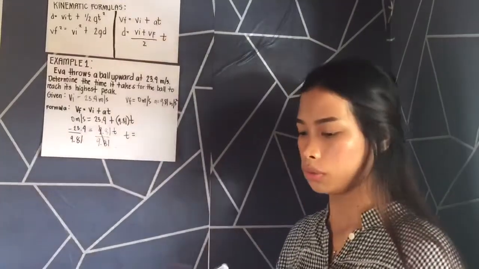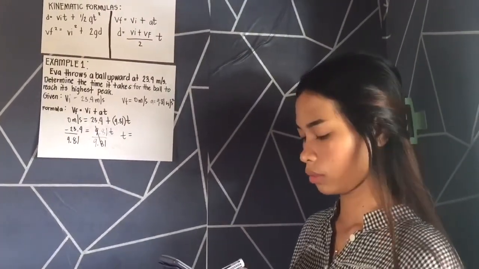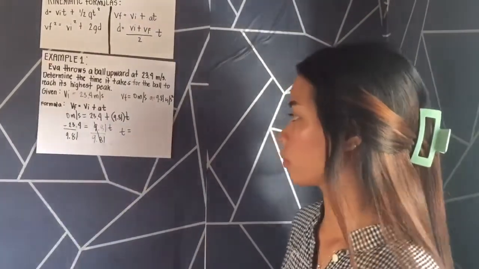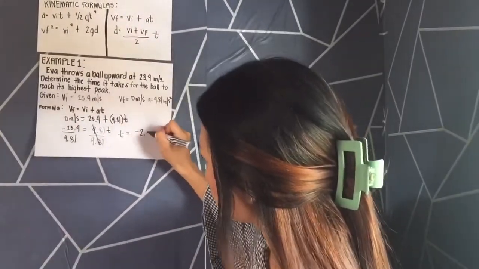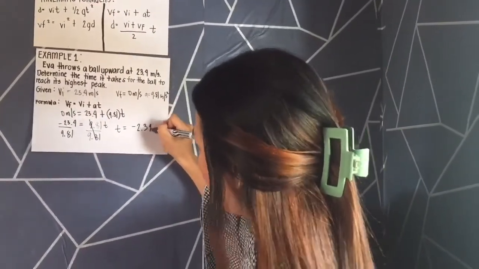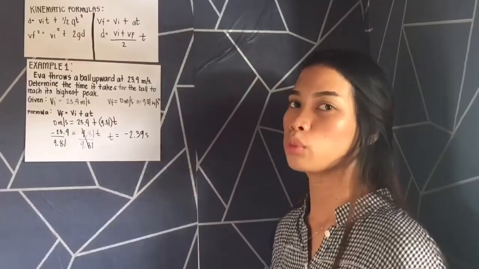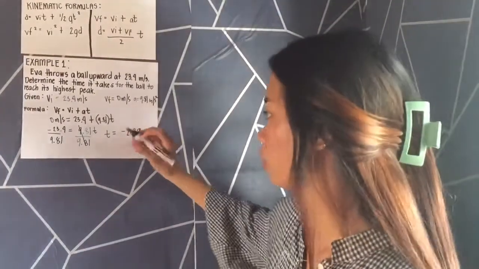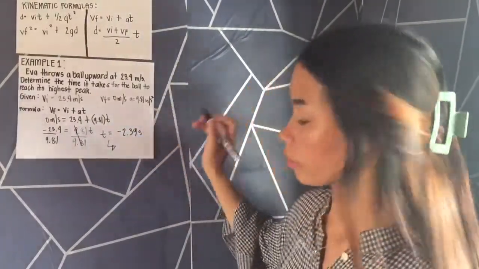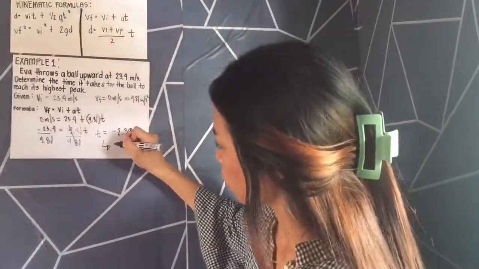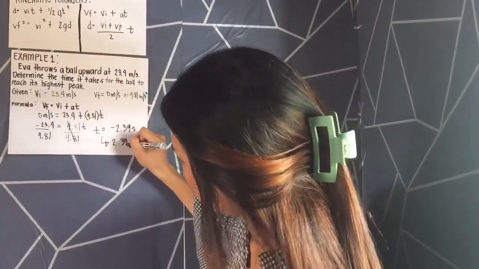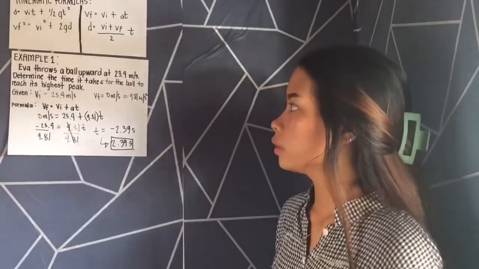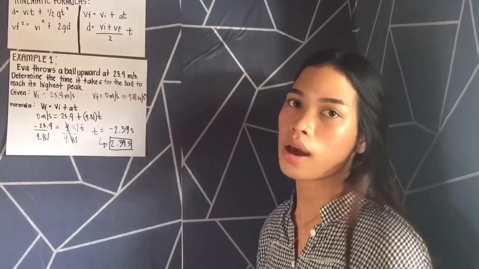Let us do the math. We have arrived at an answer of negative 2.39 seconds. For negative time, we have to change the negative into a positive sign, giving us an answer of 2.39 seconds. So 2.39 seconds is the time it takes for the ball to reach its highest peak.